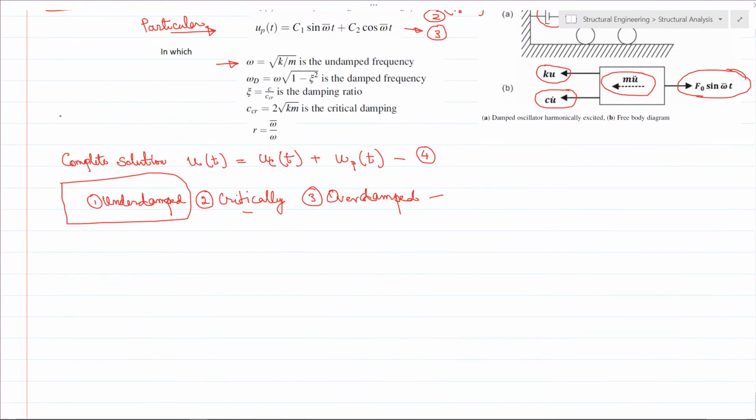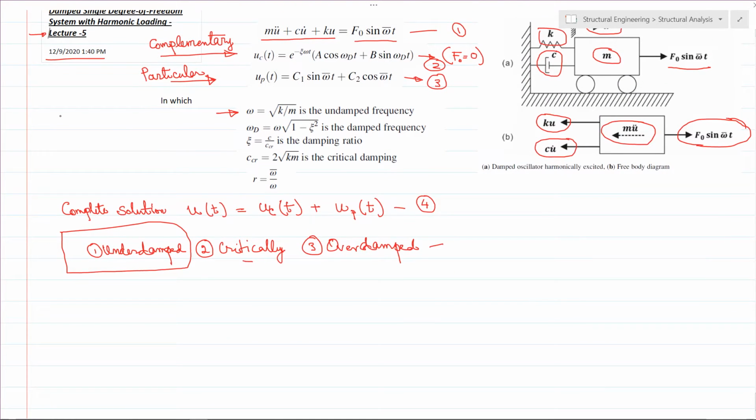So we will be discussing only the under damped system over here. Now, let me write the first equation, which is mu double dot plus cu dot plus ku is equals to f naught sine omega bar t.